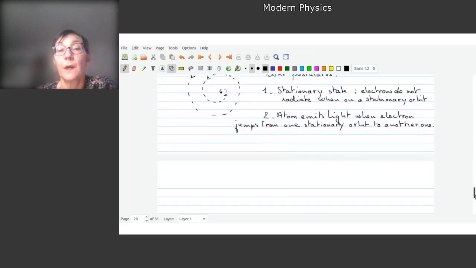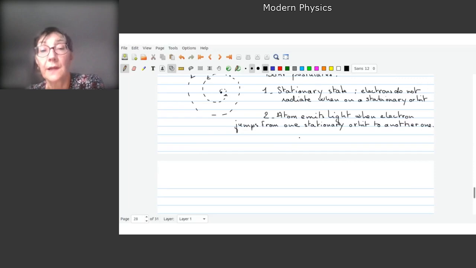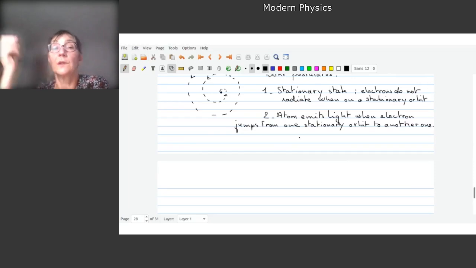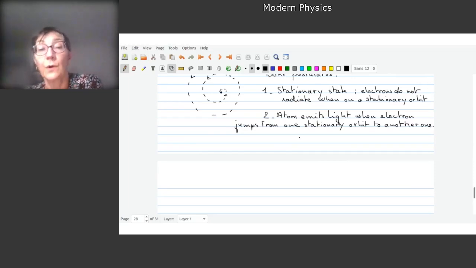What happens here? When it is on a stationary orbit, it doesn't emit, it doesn't lose energy. It does lose energy when it emits light, and so it goes to an orbit of smaller energy. And what is the frequency of the light emitted?